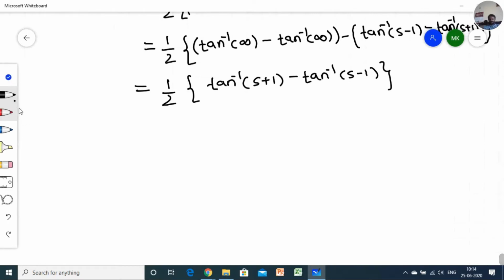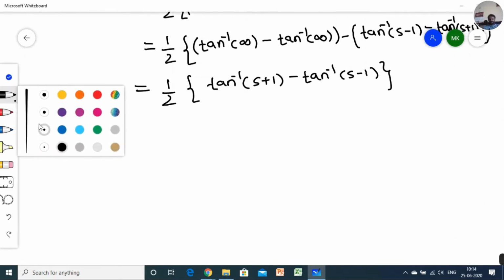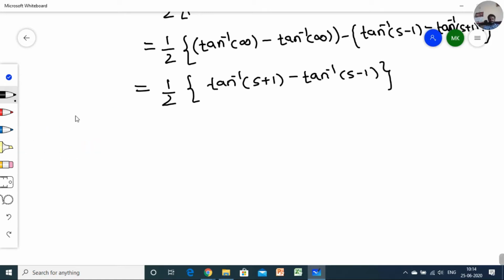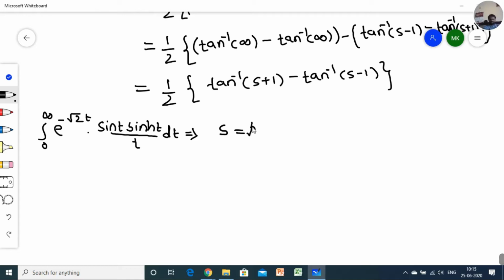In the question it is clearly mentioned, and that thing we have to utilize here: the integral from 0 to infinity of e raised to minus root 2 into t, sine of t, sine hyperbolic of t, divided by t into dt. This implies we have to substitute the value of s equal to root 2.